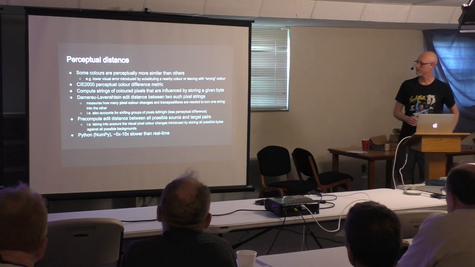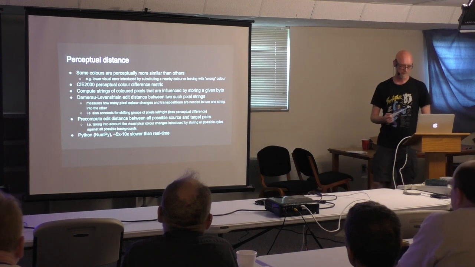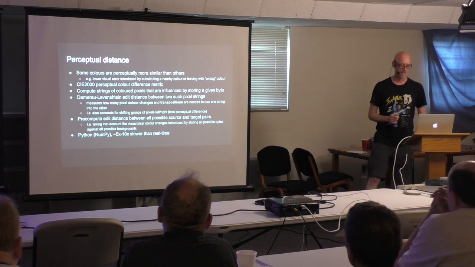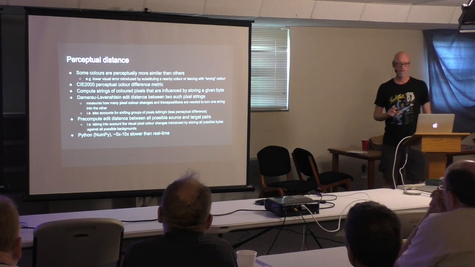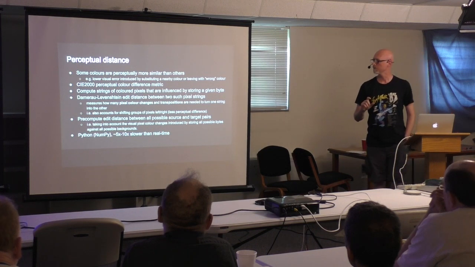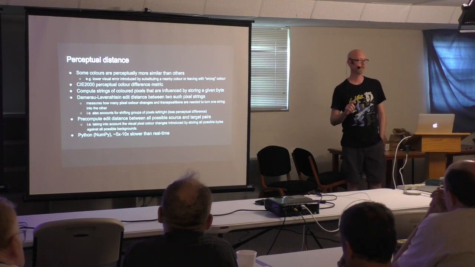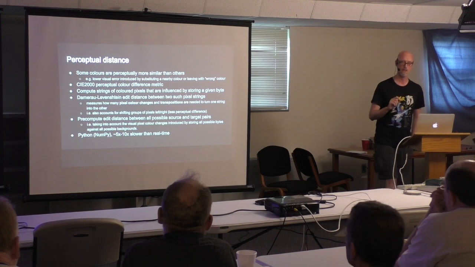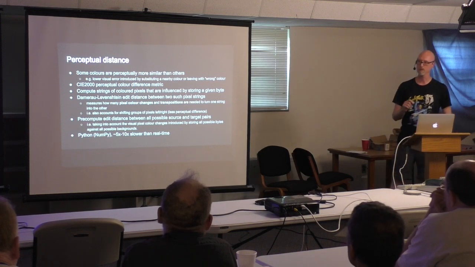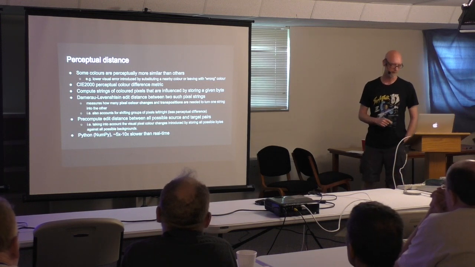So it all comes down to this perceptual distance metric. Firstly, the human eye is pretty complicated. Some colors are perceived as being very different from others. For example, yellow is pretty close to white, but dark green is not close to white.